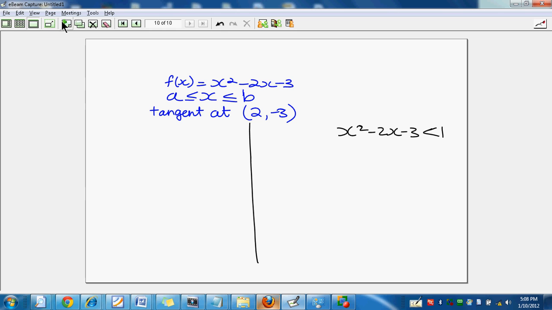That's part D. And part E, the gradient of f of x equal to x squared minus 2x minus 3 at x equal to 2. You have to draw this so you'll know what to do.